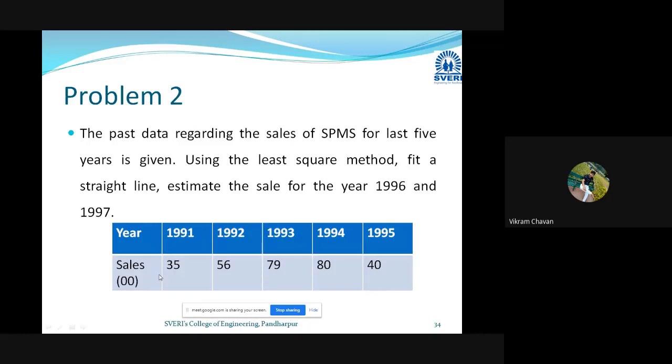Summation of y is nothing but addition of all the sales values. Sales values are 35, 56, 79, 80, 40. Sales, that is nothing but demand, is nothing but y, for that particular year. At the bottom of that particular sales column you have to make the summation of y.